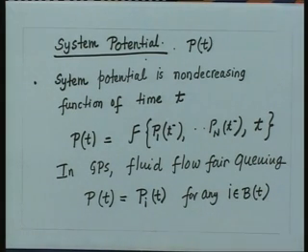So in fluid flow fair queuing, the system virtual time increases in the same way as the potential of any session. So the system virtual time is always equal to the session's virtual time if that session is backlogged. So it is always equal, but it is not necessary.